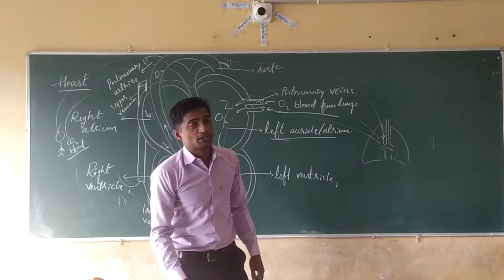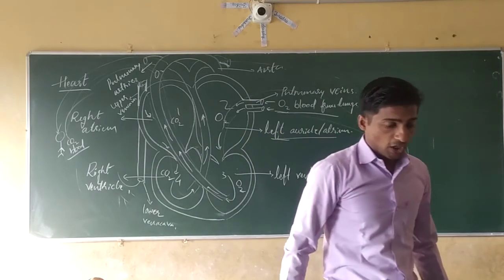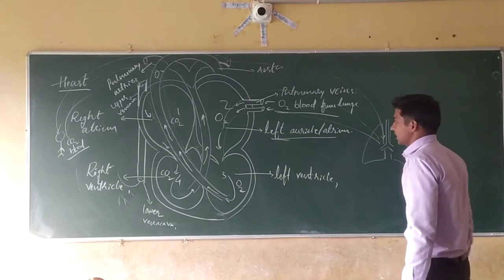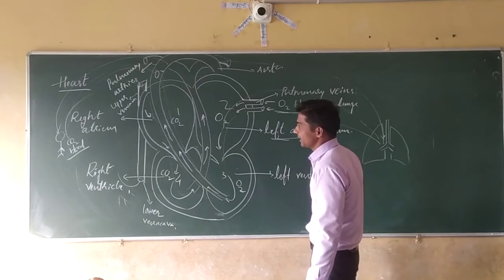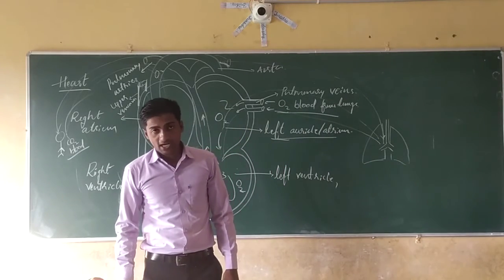Such type of circulation is called double circulation, which mainly goes on in special animals, that is, human beings, who have a 4-chambered heart, isn't it? In human beings, double circulation is going on. Double circulation means the blood passes twice through the heart.